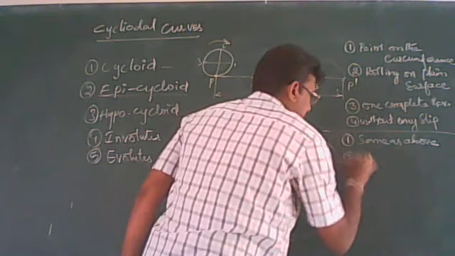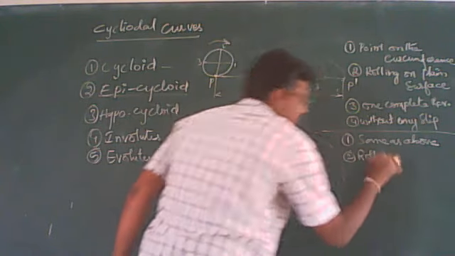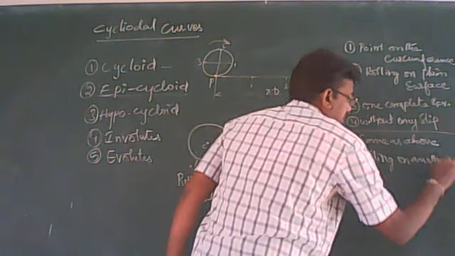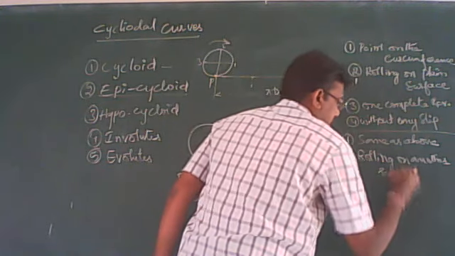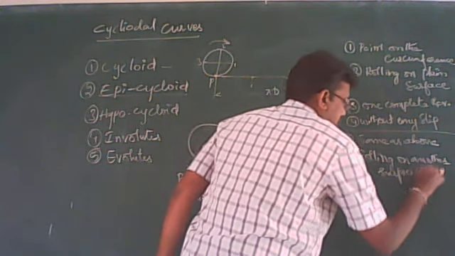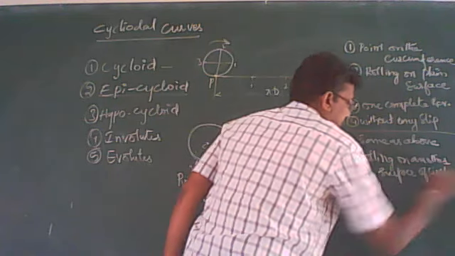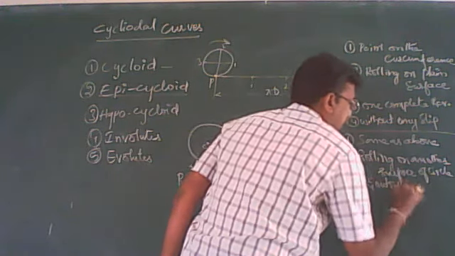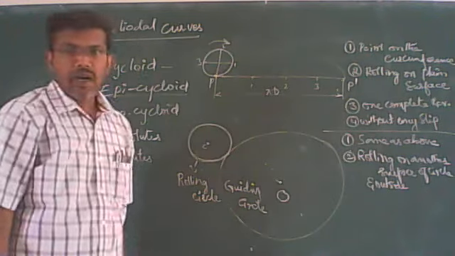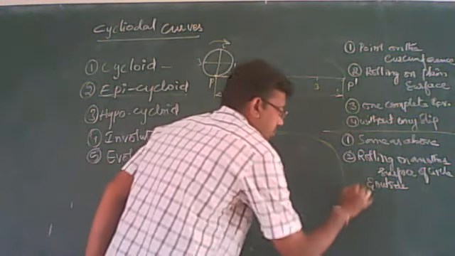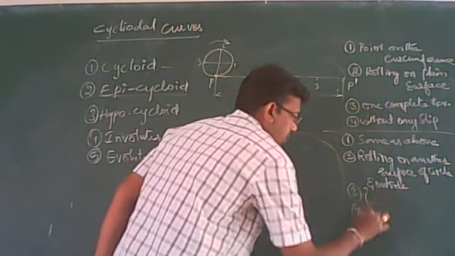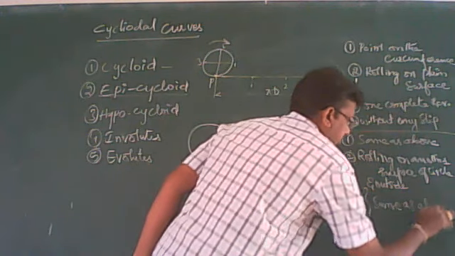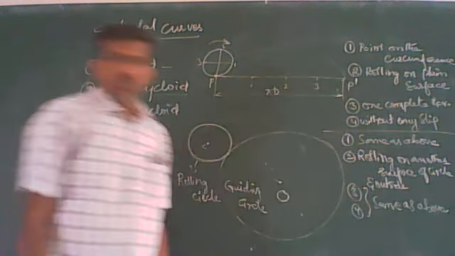and the second point is simply changed, that is, rolling on another surface of a circle, outside. The same third and fourth points are the same as above.